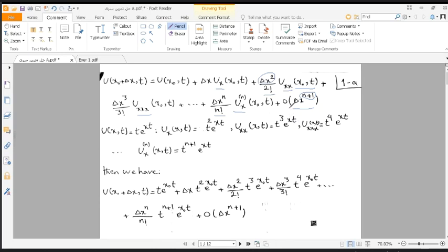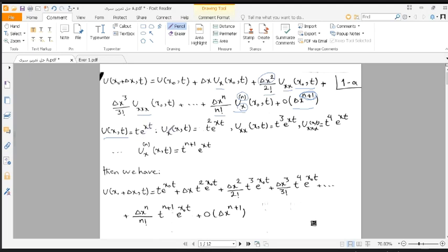Okay. When we write O of delta x power n plus 1, the highest derivative we should compute is the nth derivative of u respect x, plus O of delta x power n plus 1. In this question, we have u of x and t equals t e power xt.